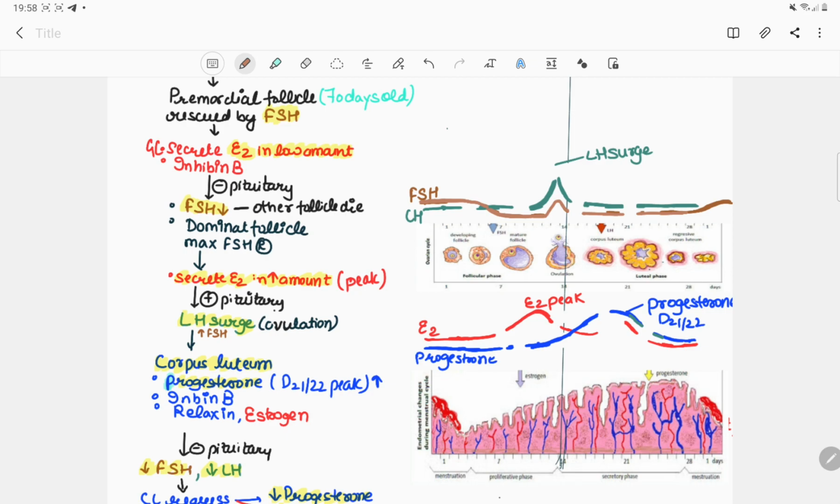Except for the dominant follicle, having the maximum follicular stimulating hormone receptors, other follicles will die.